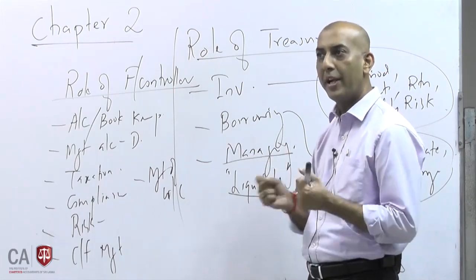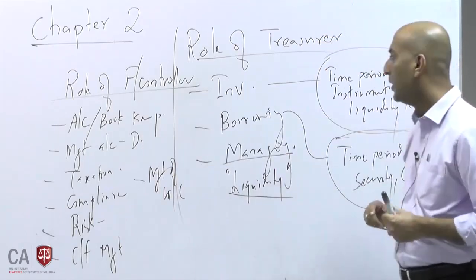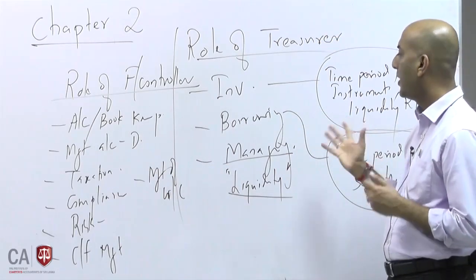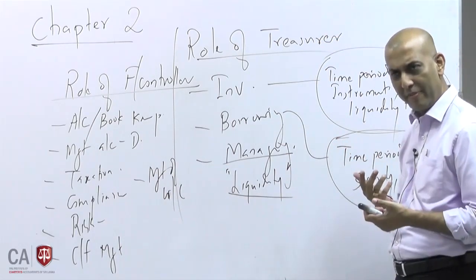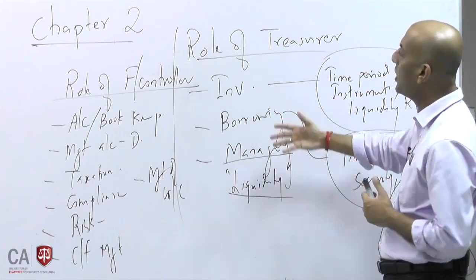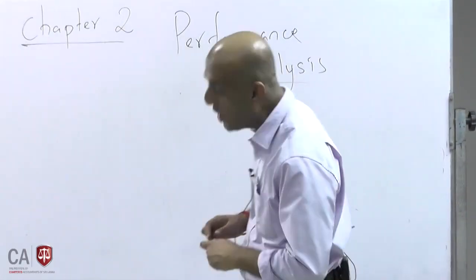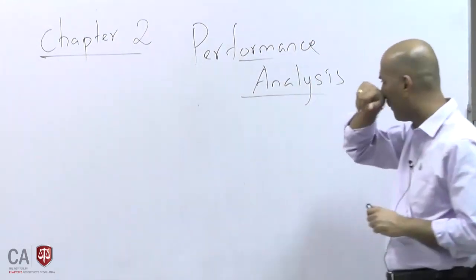So all the credit period policies, you could be managing as a financial controller. So please understand these are different functions. It may be very theoretical, but you have to be aware as a function of the organization who does what. Okay. So in chapter 2, we will continue on the performance analysis.